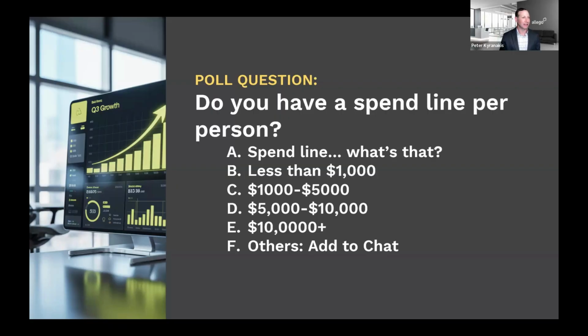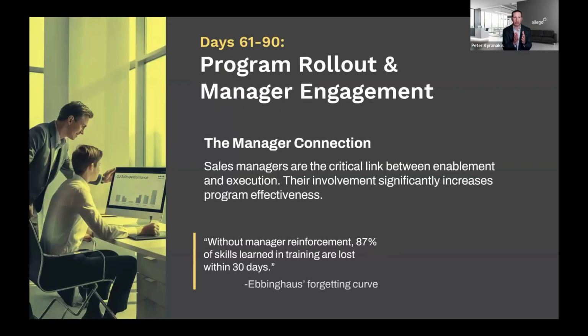All right. Now we've talked about the initial phase of planning. We've talked about building. Now let's talk about rollout and really start to get into the mechanism of rolling out the enablement program that's been created.